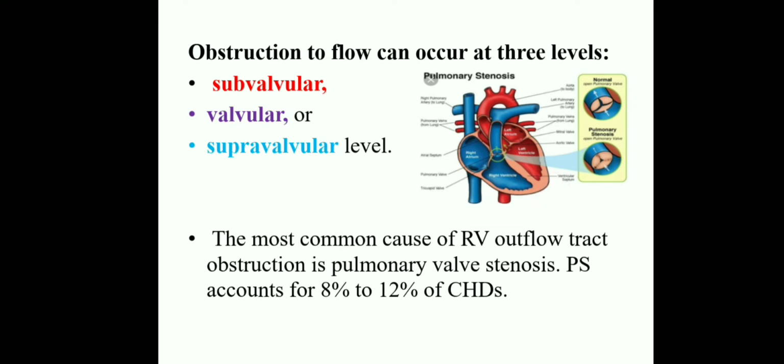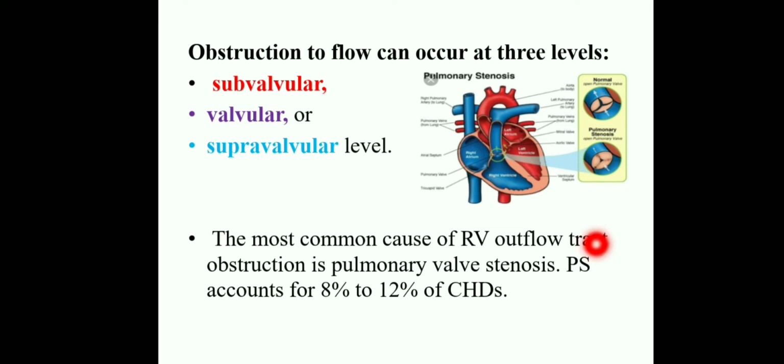Look at what happened here. This is the pulmonary stenosis condition, where a narrowing is there. This is the normal valve, with its normal opening. Here the valve has narrowing because of some stenosis or obstruction. The most common cause of right ventricular outflow tract obstruction is pulmonary valve stenosis. Pulmonary stenosis accounts for 8% to 12% of congenital heart diseases.